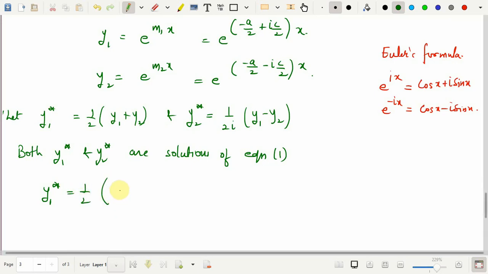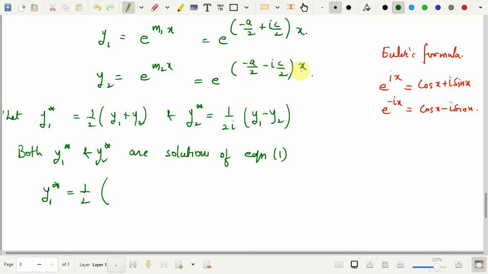y1 is e raised to minus a by 2 x plus ic by 2 x, plus e raised to minus a by 2 x minus ic by 2 x.